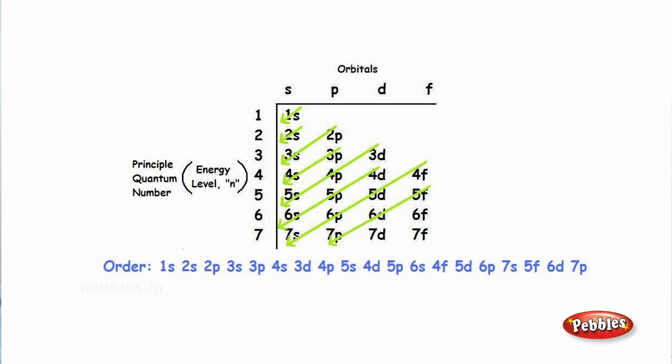Similarly, only after 6s will you come to 4f. So what is the meaning of this? 6s is less than 4f: the 6s energy level is lower than that of 4f. So even though 4f is an inner orbital, it has higher energy, while 6s is an outer orbital with lower energy. So there is nothing to do with the distance from the nucleus and the energy of the orbital.